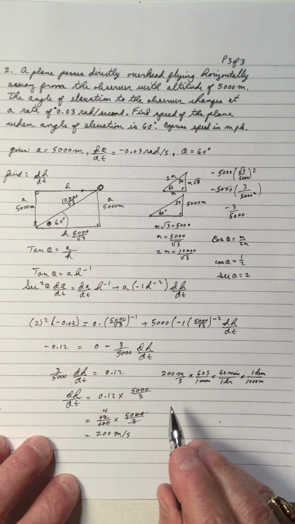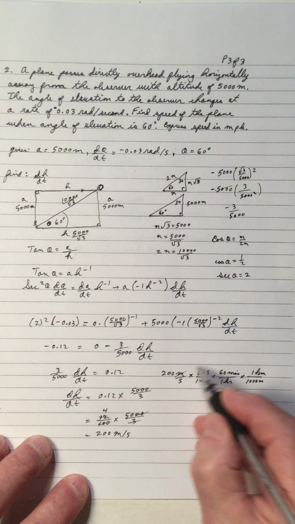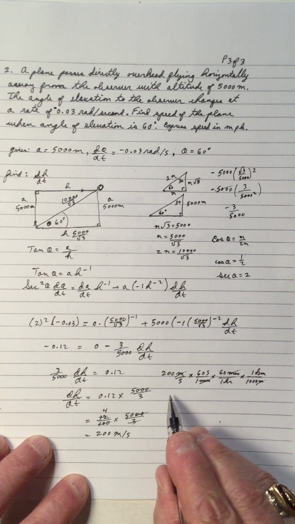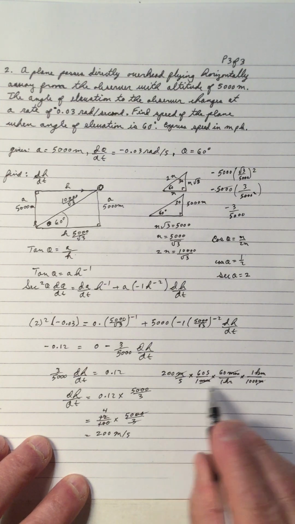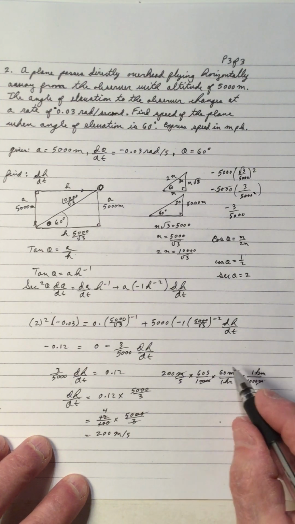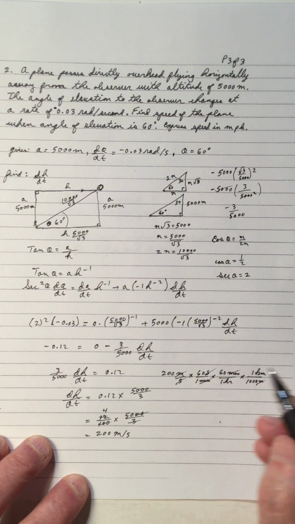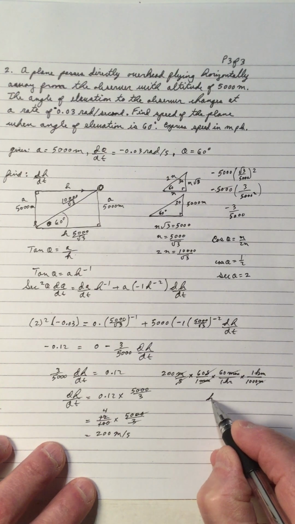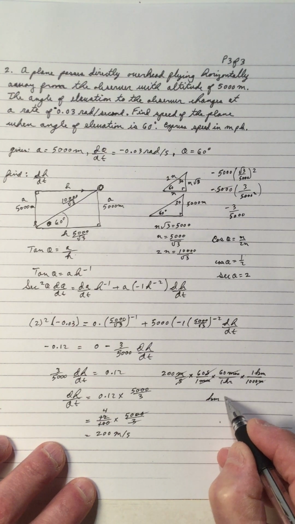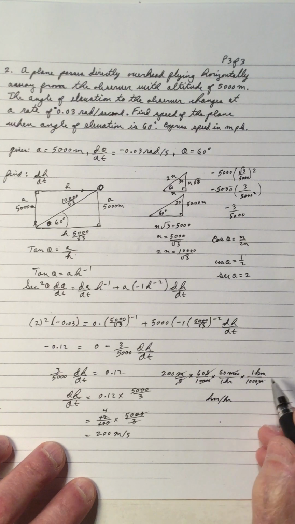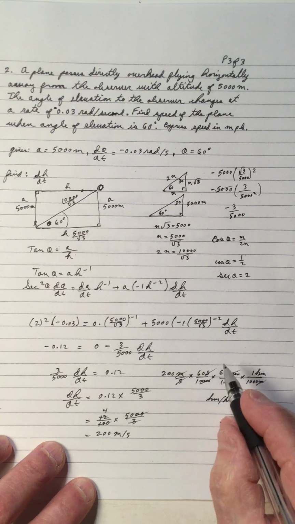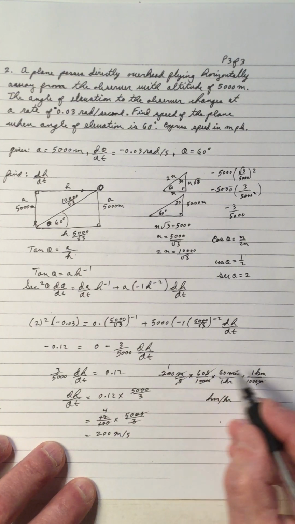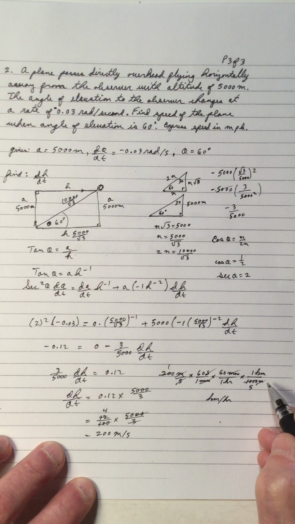So notice they're all going to cancel out. The meters cancel out, the minutes cancel out, the seconds cancel out, and I'm left with kilometers per hour. So let's cancel. I have 200 once. Let's make that a 5.